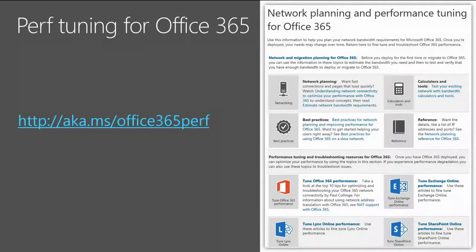How to plan for firewall port exceptions and bandwidth capacity planning and SharePoint tuning. More specifically, if you look at the bottom right corner, there's an entire section dedicated to how to tune SharePoint Online performance.